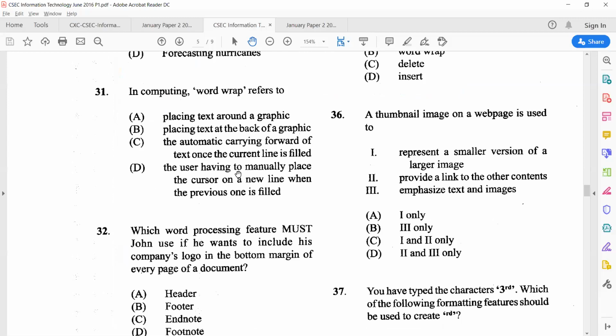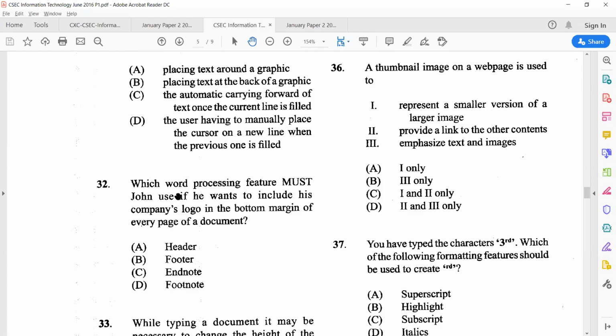The user having to manually place the cursor on a new line when the previous line is filled: this statement is correct except for the first part, manually place the cursor, because it's an automatic operation. So after reviewing all, C is the most appropriate answer. So we have C for 31.